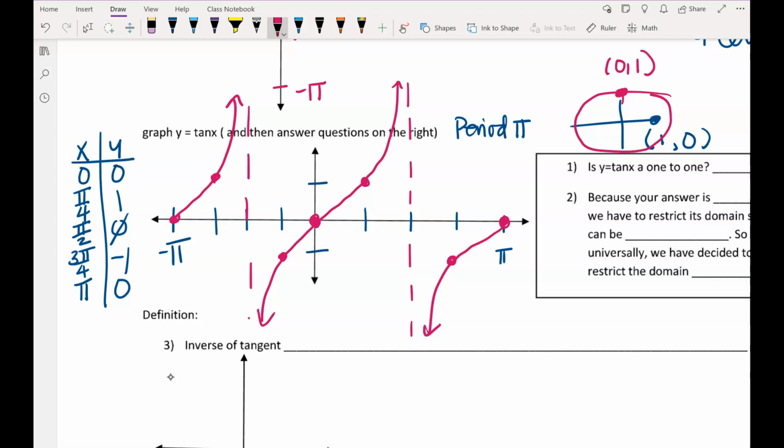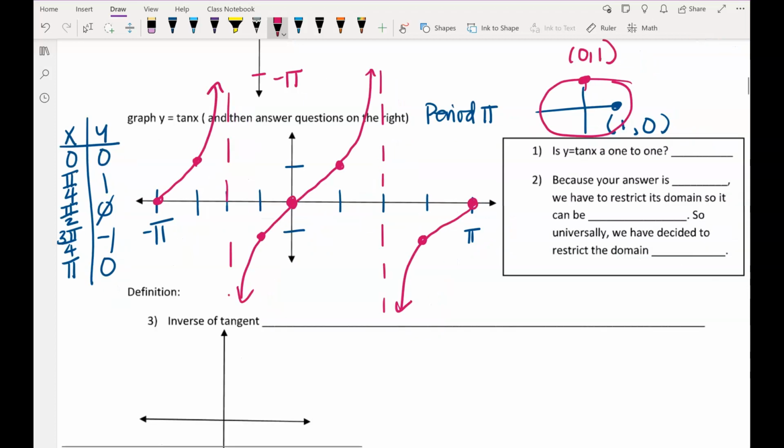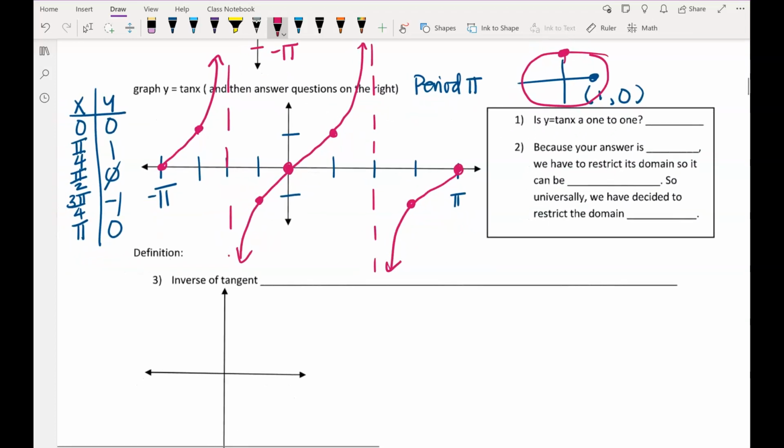All right. Is this a one-to-one? Okay, I'm going to draw a horizontal line test. Is that a one-to-one? No, because it intersects more than once. Okay, so no. And this is because we said no, we have to make it so the function can be a one-to-one, right, guys?